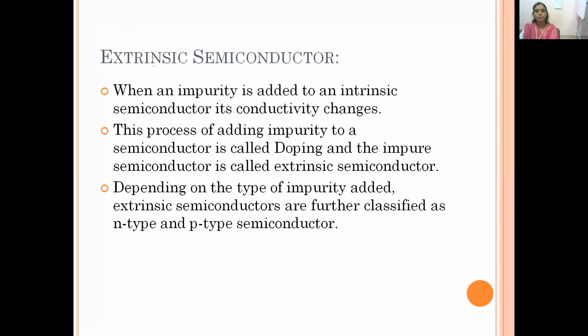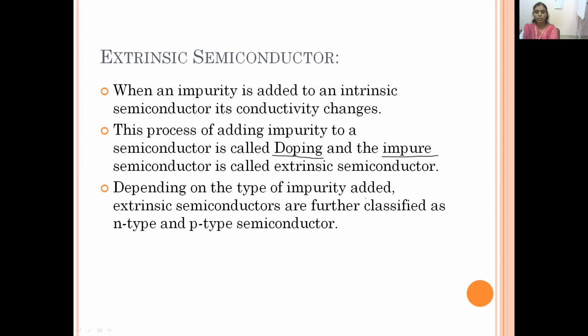After that, we see extrinsic semiconductor. When an impurity is added to an intrinsic semiconductor, its conductivity changes. This process of adding impurity to a semiconductor is called doping, and the impure semiconductor is called an extrinsic semiconductor.